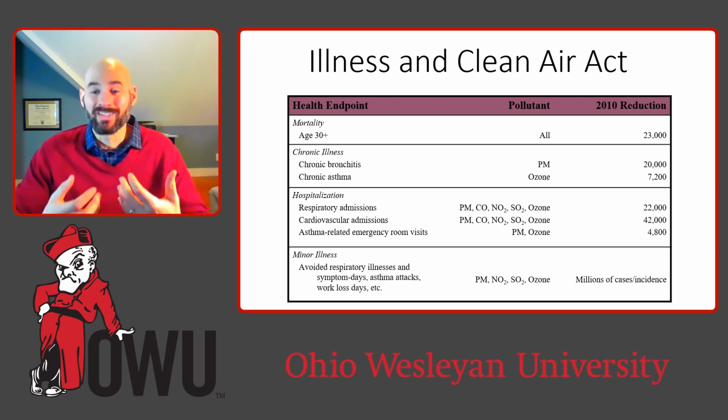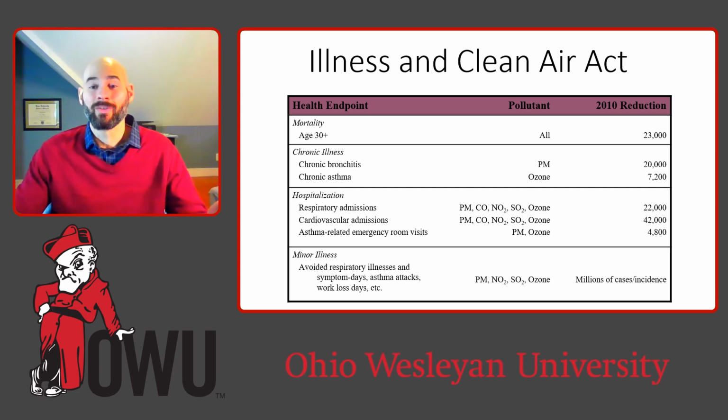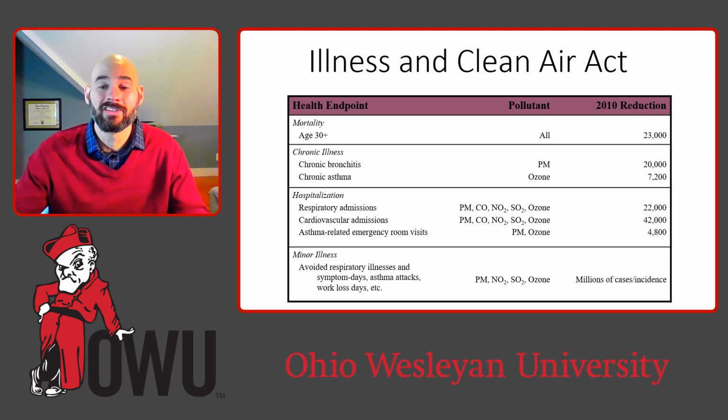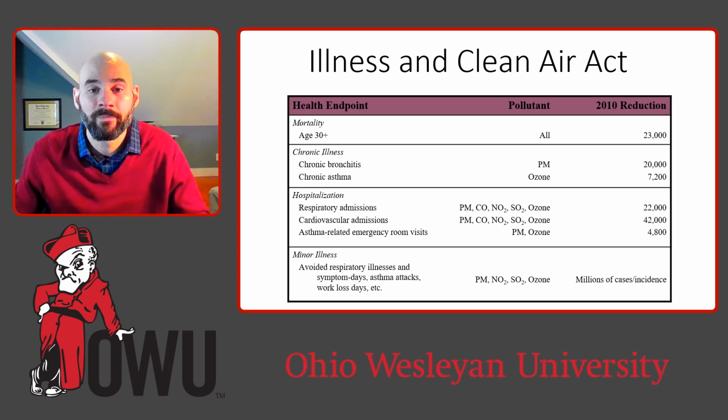And so this would be a good time that I could just ask the class, what does this reduction represent? At which point somebody would raise their hand, I could call on them and they'd say, this is a dose response function. So I'm going to pretend that's what just happened, and we're going to continue on looking at this table and looking at basically the dose response, how health outcomes changed in response to a change in pollution.